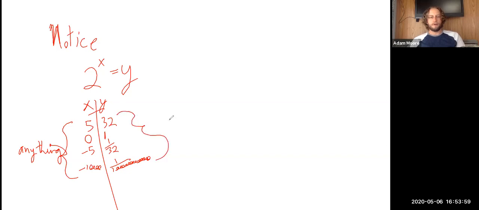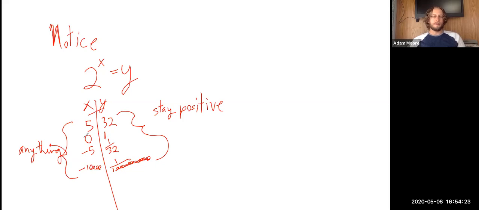Notice how these output numbers never quite go negative. They always stay positive. They don't even quite get down to 0. You can plug in the most negative number you want and you never quite get negative. You just keep getting fractions. So with the outputs, the y values, they always just stay positive no matter what. And that's weird to me.